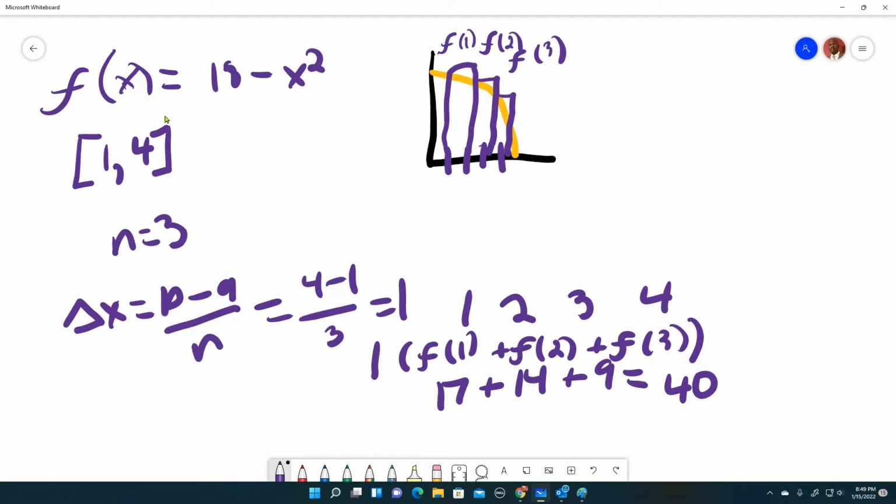And just some brief commentary about when Riemann sums are overestimates or underestimates. You can clearly see this particular function is decreasing in the interval we're looking at from 1 to 4. Well, when a function decreases, a left Riemann sum is an overestimate and a right Riemann sum is an underestimate when a function is decreasing.